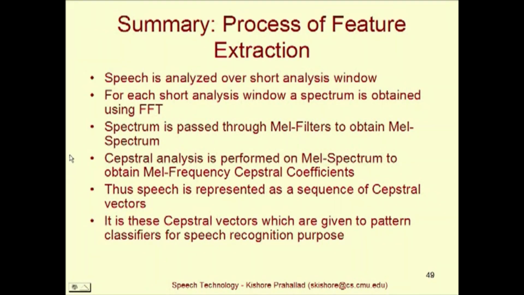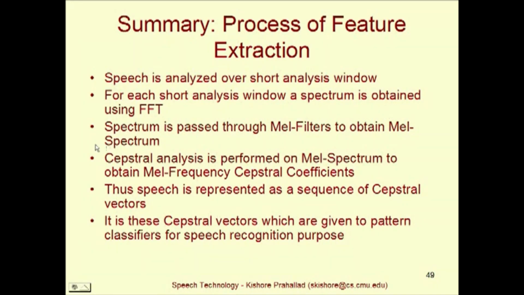We are ready to summarize our feature extraction. This is our last lecture on feature extraction in this course. Speech is analyzed over short analysis windows, and for each window a spectrum is obtained using FFT. The obtained spectrum is passed through MEL filters to simulate the human ear, giving what we call the MEL spectrum.